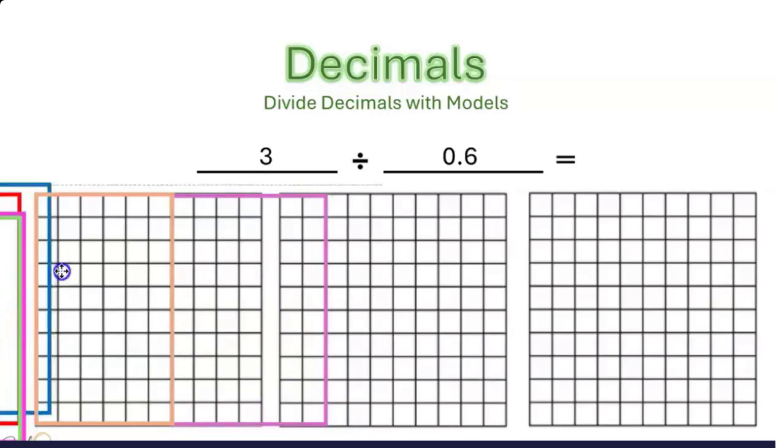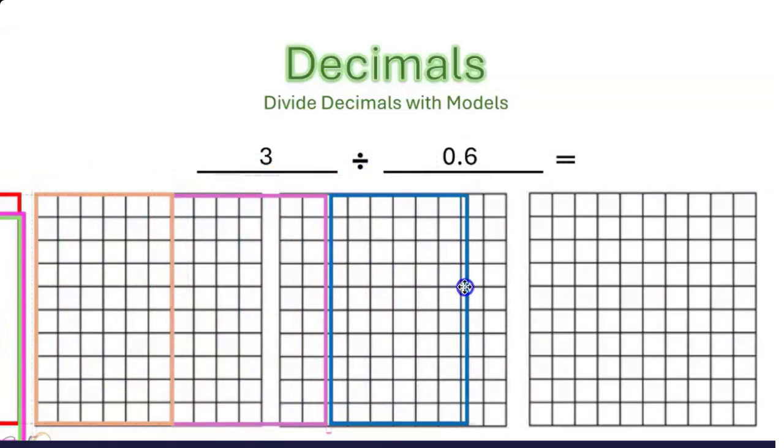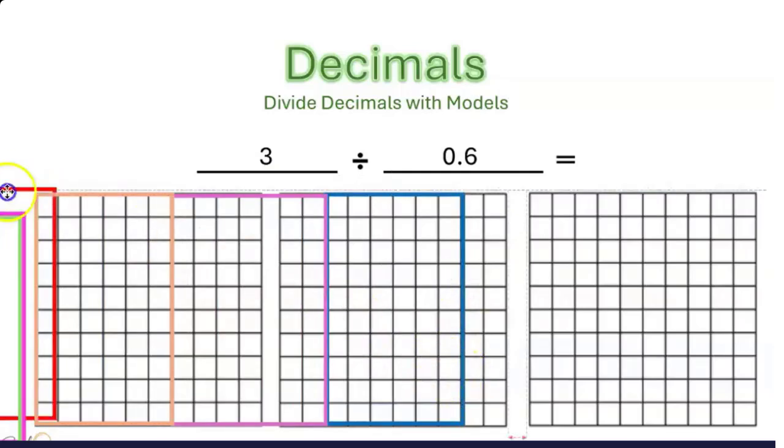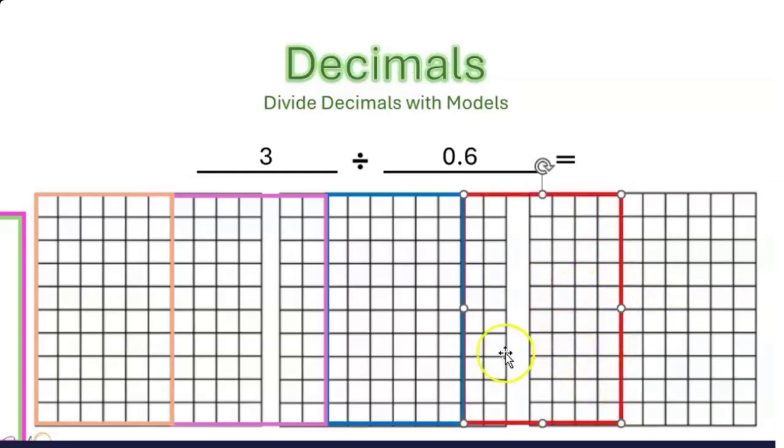Okay, now we got another one. There's 6 more tenths. We can fit another one. So there's 2 left over with that one, and then we need 4 more, so I've got to make this go over there. So that's covering 6/10, and then there's 1, 2, 3, 4, 5, 6. So we can fit 1 more.